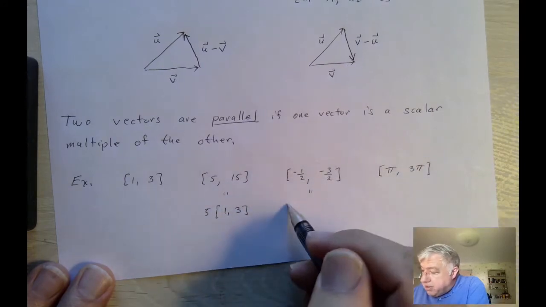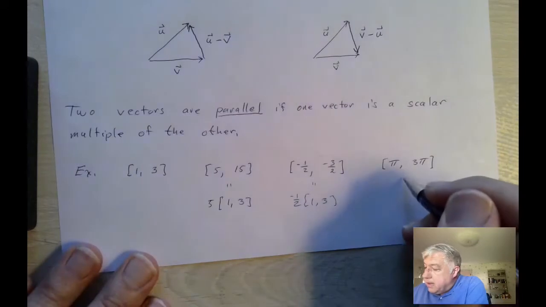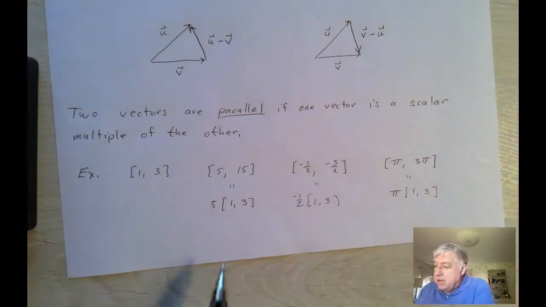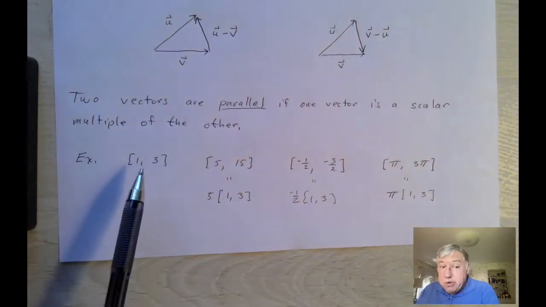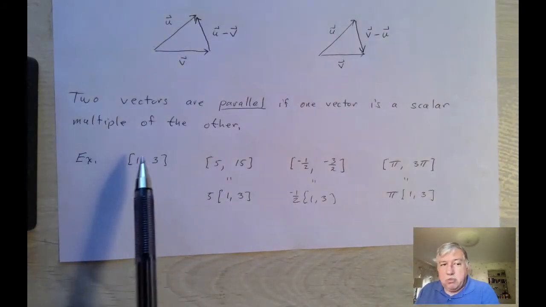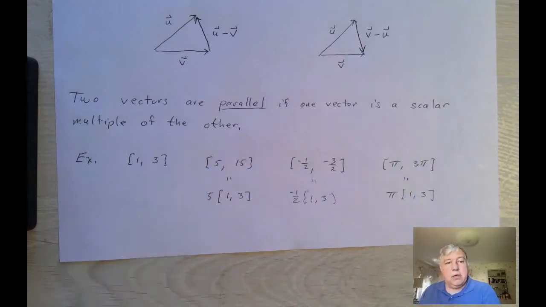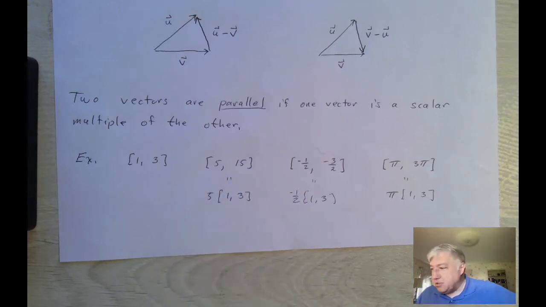This can be written as negative 1/2 times 1, 3, and this can be written as pi times 1, 3. So all these vectors are parallel to 1, 3, and 1, 3 is parallel to each of these vectors. The scalars might be different, but they're still all multiples of each other. That's what parallel vectors are.